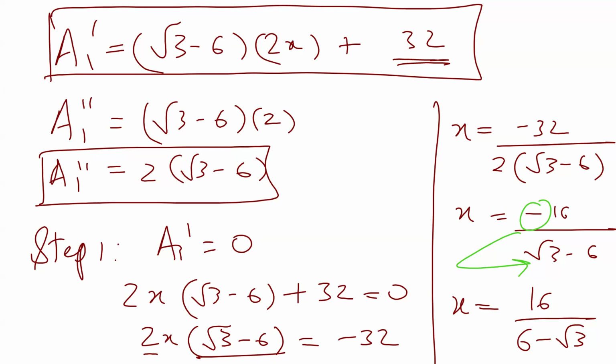Now this x value we are going to put in the second order derivative. See, in maxima minima problems, you have to prove maxima or minima. Don't just do step 1 and go to the conclusions. There are marks for proving maxima and minima.